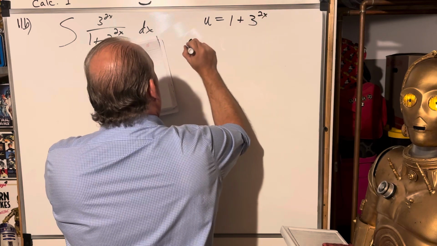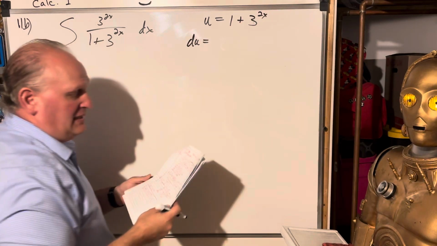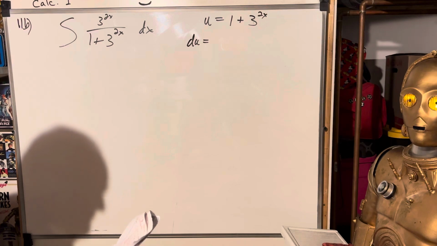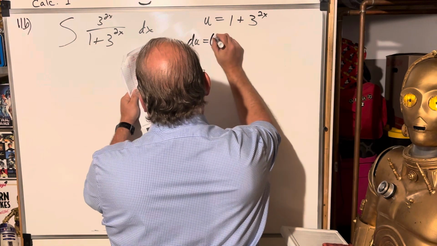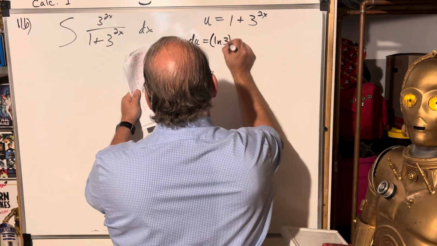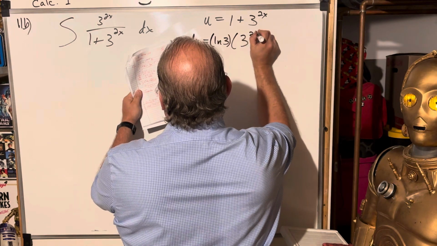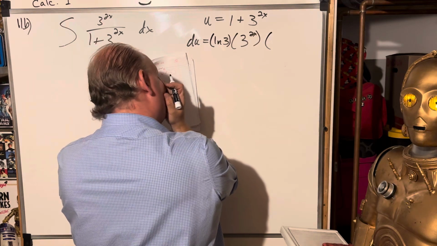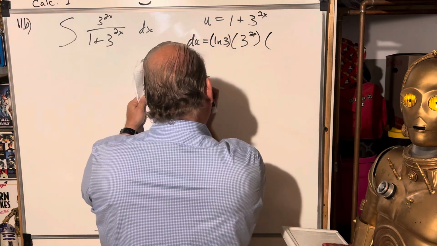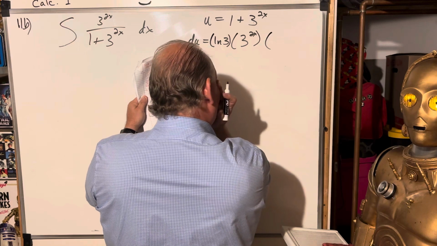Oof. So du is going to be ln 3 times 3 to the 2x times the derivative of the power, which is 2 dx. Yoinks.